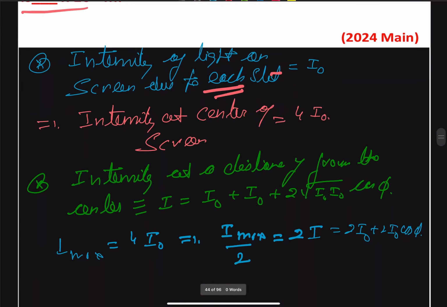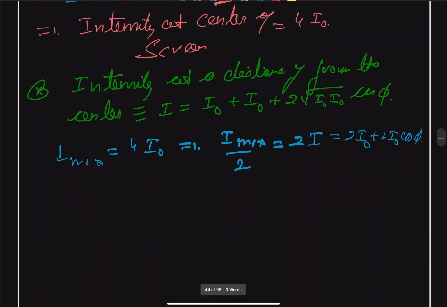Okay, so this is I, and we already know this equation. So it comes as 2 I naught equals 2 I naught plus 2 I naught cos of phi. Therefore, we can write that cos of phi will be equal to 0.